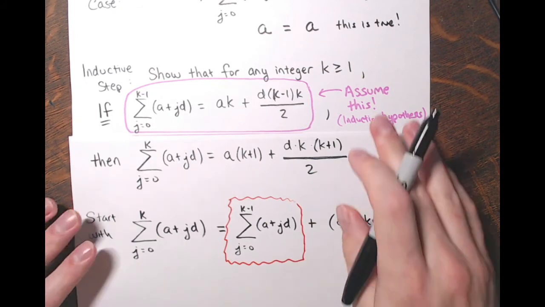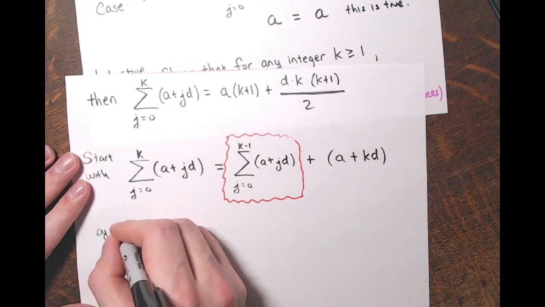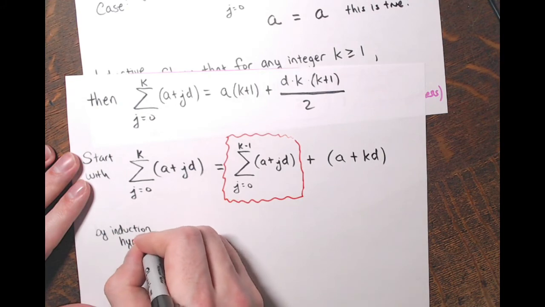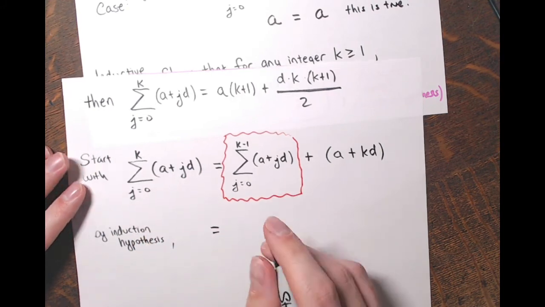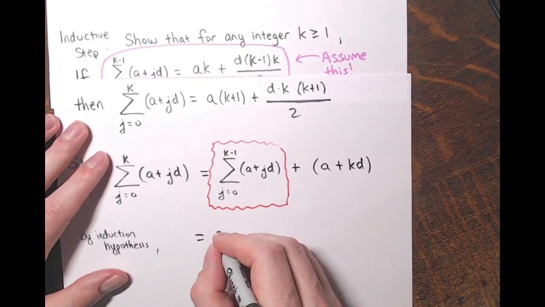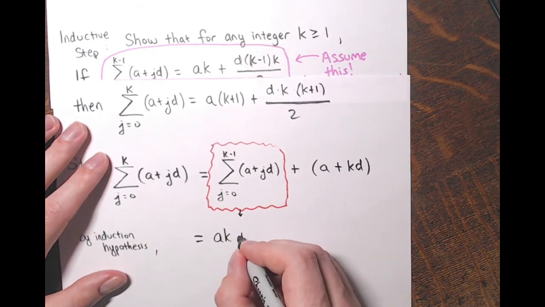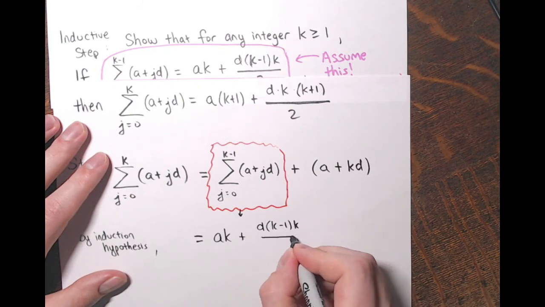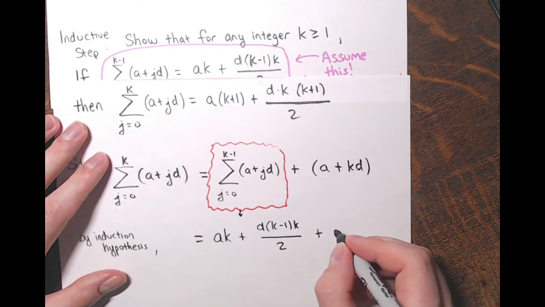So by our induction hypothesis, this is equal to a times k, this sum in orange here, plus d times k minus 1 times k over 2. And then don't forget I have this last term that I pulled out still, plus a plus kd.